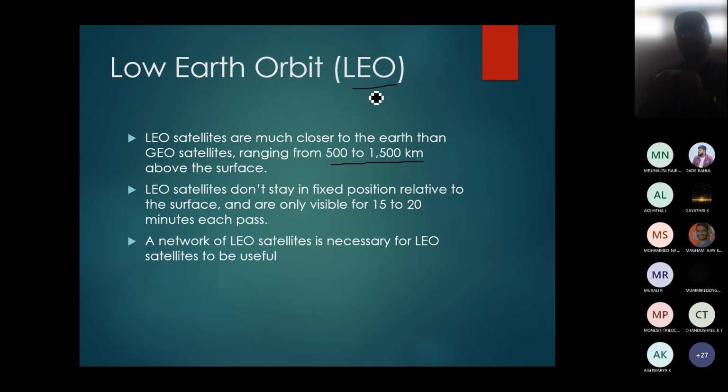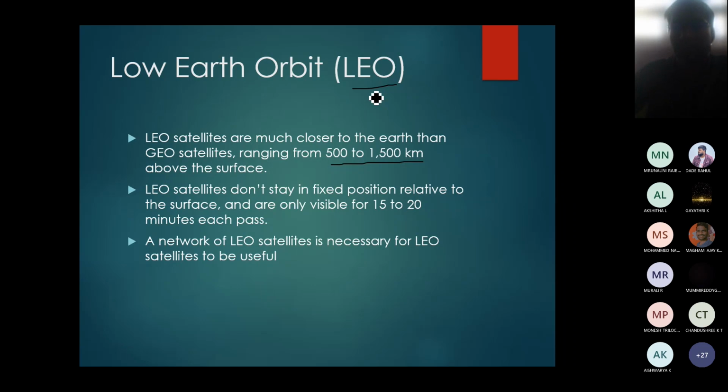The satellite will immediately go out of the vision of the ground station. So in order to overcome this difficulty, we have to launch a series of satellites in the LEO orbit. Once one satellite goes away, immediately the next satellite can come for the communication.